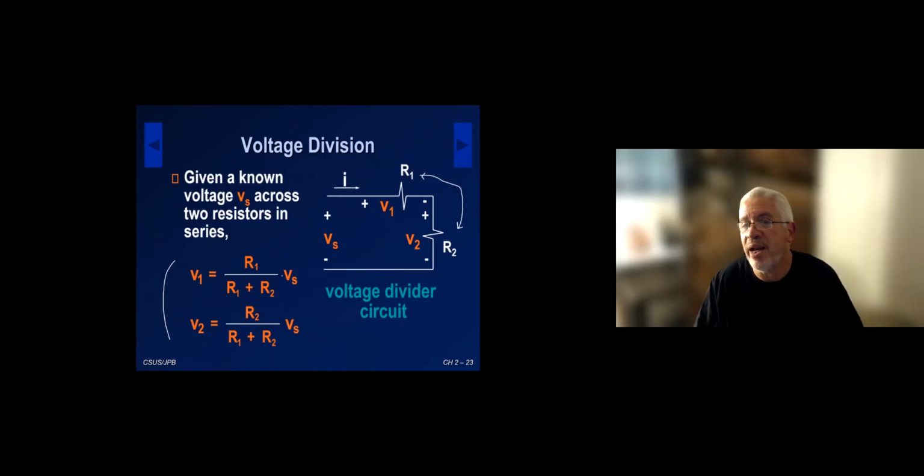Once I get the current I, I can calculate V1, which becomes R1 times I, and V2 becomes R2 times I. Simple construct, simple result, but it allows you to go from a known voltage to a lesser voltage by selecting the appropriate resistors to get the voltage you want across that resistor. That's called a voltage divider circuit. Limited values, but a fundamental concept.